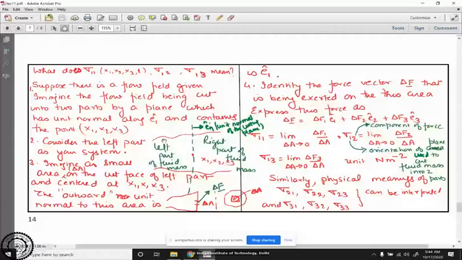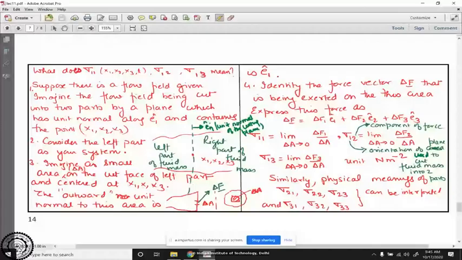So I go to x1, x2, x3 and let an imaginary plane cut the entire body of fluid into two parts, a left part of fluid mass and a right part of fluid mass. The imaginary surface with which I have cut the fluid mass has normal E1. I think this should be E1 rather than En.